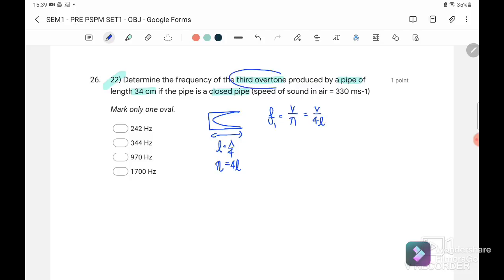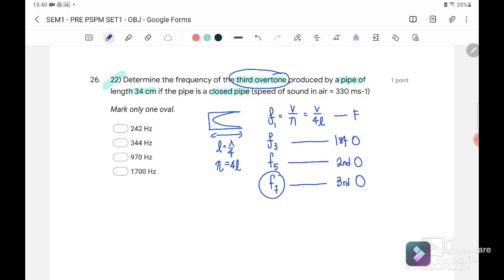For the third overtone, we only have odd harmonics, meaning F1, F3, F5, F7, and so on. The first harmonic we call the fundamental, the third harmonic the first overtone, the fifth harmonic the second overtone, and the third overtone is the 7th harmonic. So we want to find the frequency of the 7th harmonic.